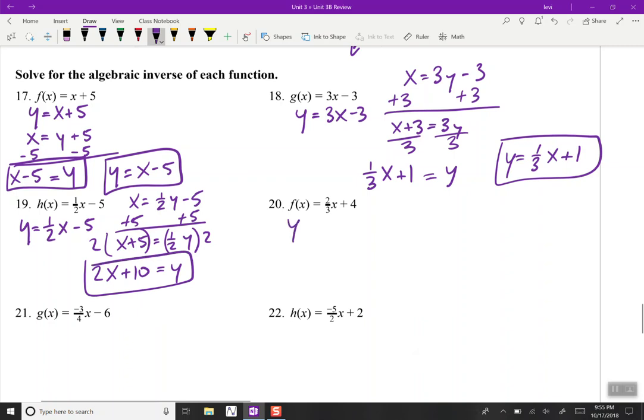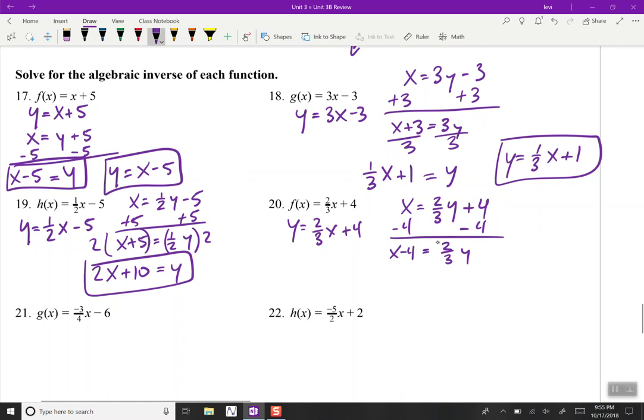This one, y equals 2/3 x plus 4. Sorry, I don't mean to be saying the same. The inverse, our first step is to flip-flop our x and y. Alright, so this is x equals 2/3 y plus 4. So we subtract 4, x minus 4 equals 2/3 y.